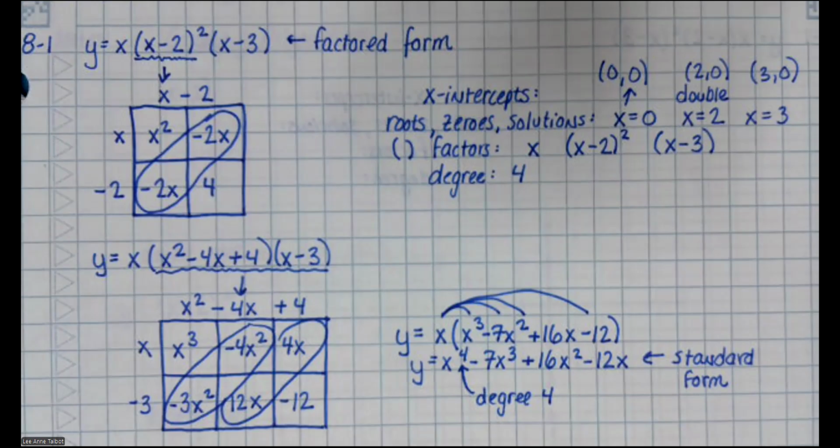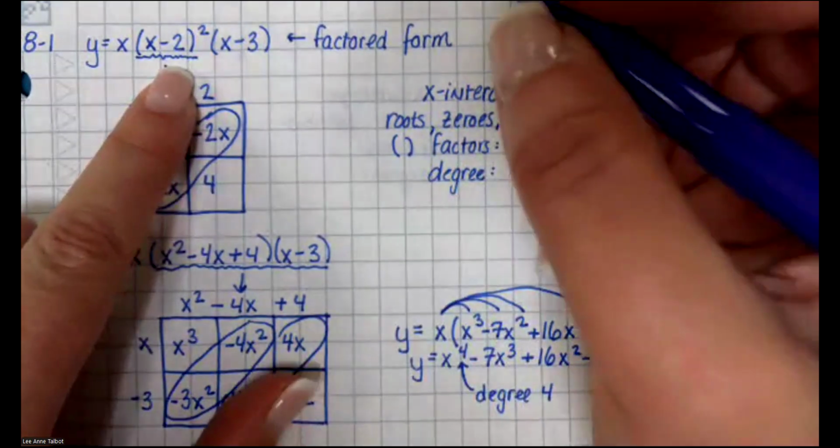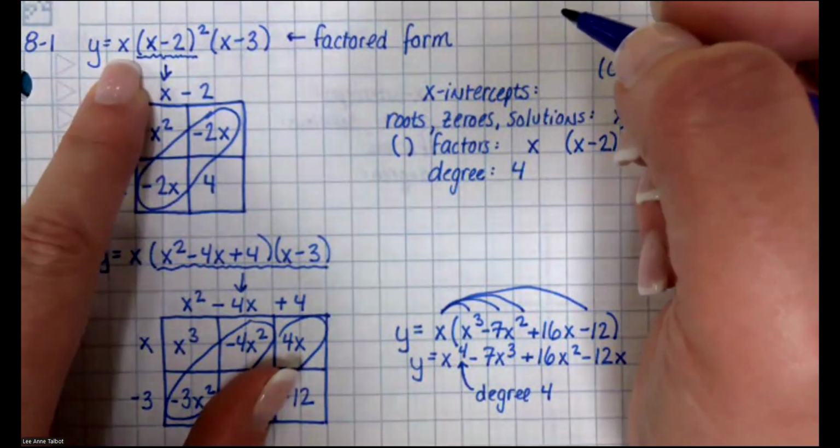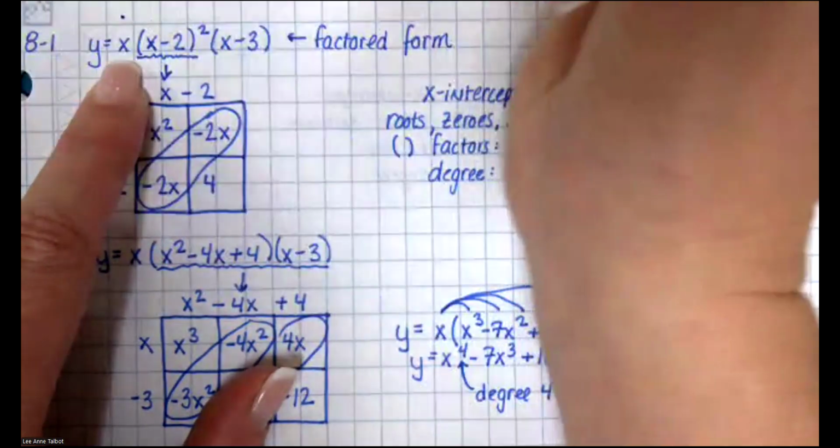But how do we get degree 4 from factored form? I showed you how to get it from standard form, but I don't want to do all that multiplying out if Mrs. Talbot doesn't ask me to. How can I find the degree 4 from the original problem? What I do is I go back and I count the x's. In factored form, here's 1 x.